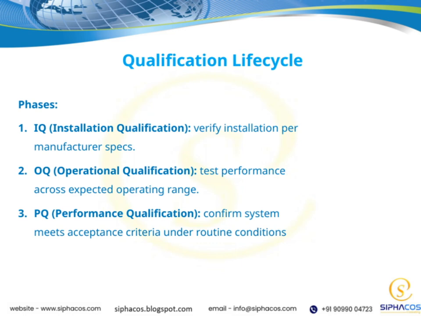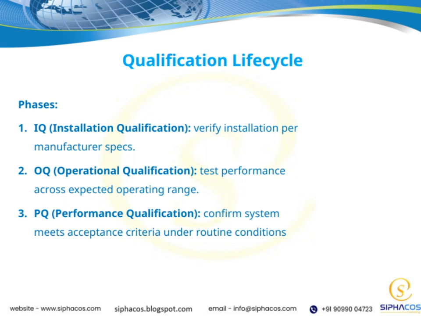Next is operational qualification, or OQ. Here, we test the system's performance across the expected operating range. This step ensures that the equipment performs consistently and reliably under normal conditions. Finally, we have performance qualification, or PQ. This is where we confirm that the system meets all acceptance criteria during routine operation.